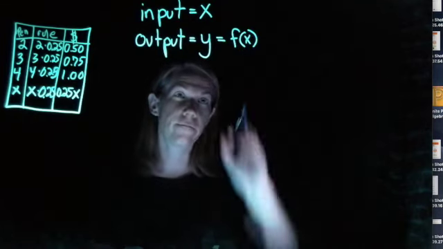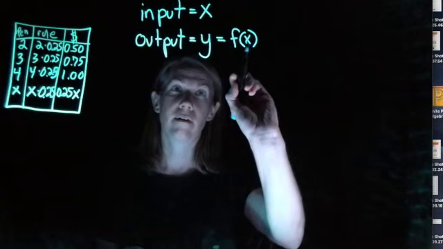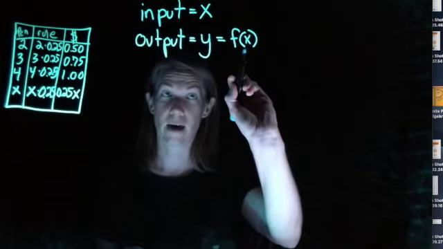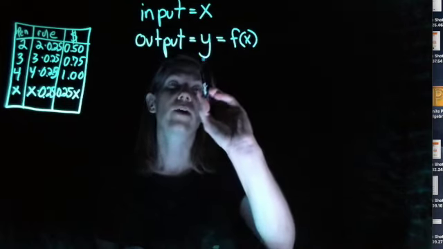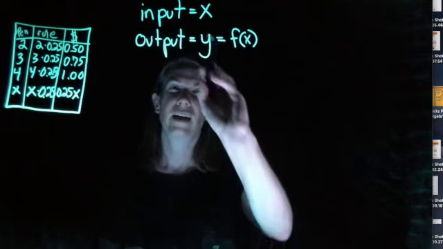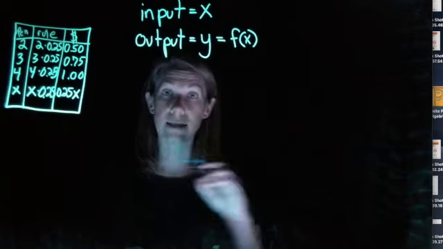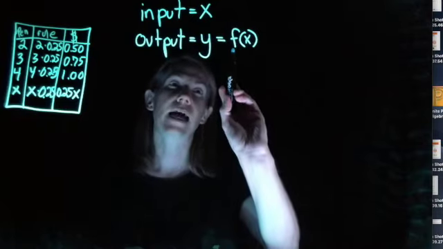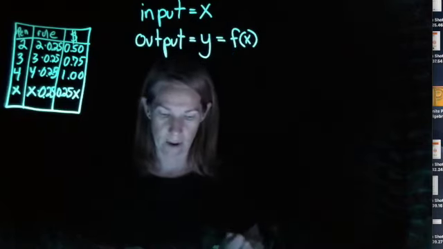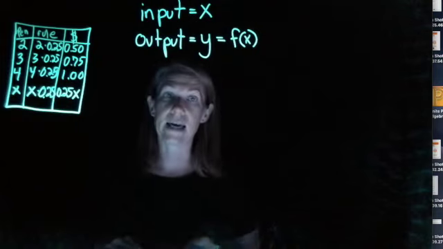So function of x. Okay? So when you're thinking about a function, instead of thinking of it as y, even though you graph it on the y-axis, you need to start thinking of it as a function of x, okay? Because you will see f of x.